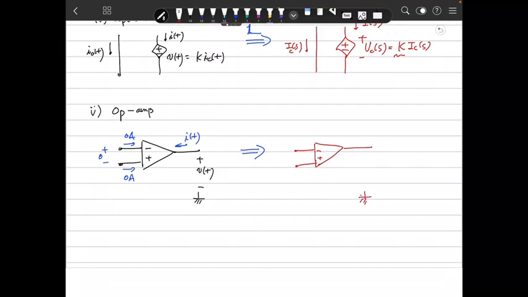And here this voltage is Vs, this current is Is, and this is 0 amperes, this is 0 amperes, and this is 0 volts in Laplace. It is the same as in the time domain, now in the Laplace transform domain.